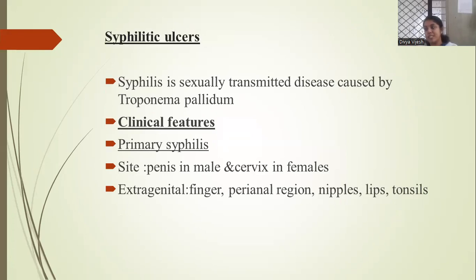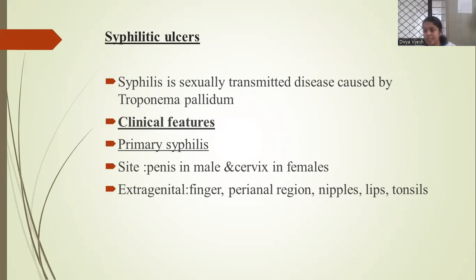Then coming to the syphilitic ulcer, I'm going a little fast because you have already studied tuberculosis and syphilis. Syphilis is a sexually transmitted disease caused by Treponema pallidum. And what are the clinical features you know about? Primary syphilis, secondary syphilis, and tertiary syphilis, right? So in primary syphilis, what is the site?